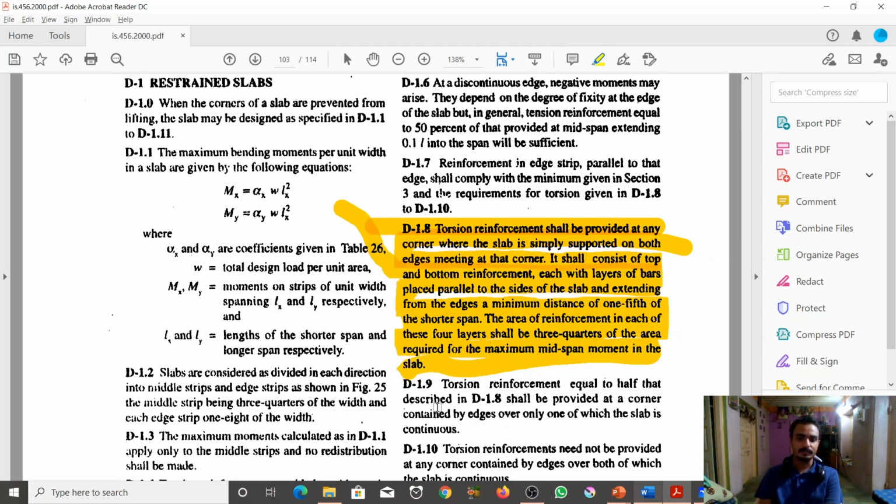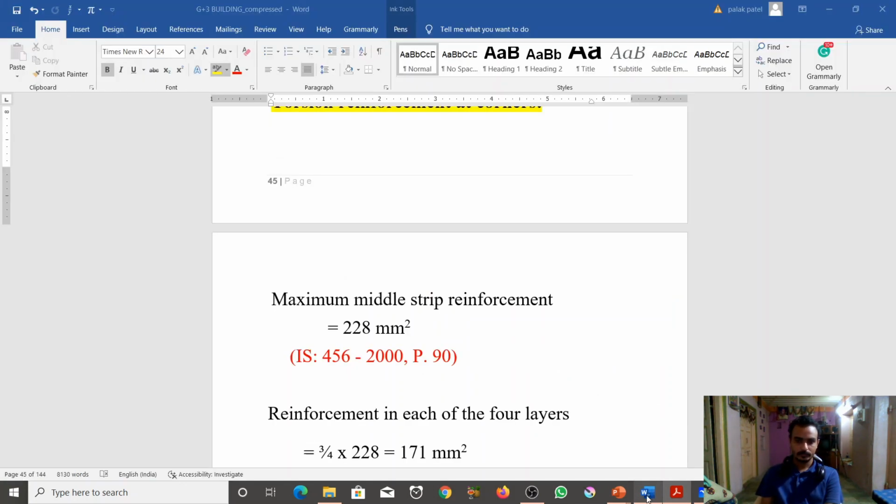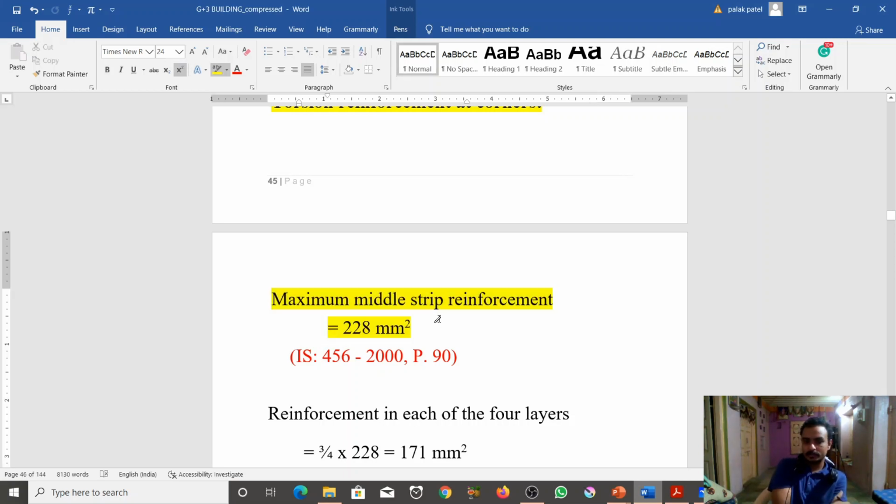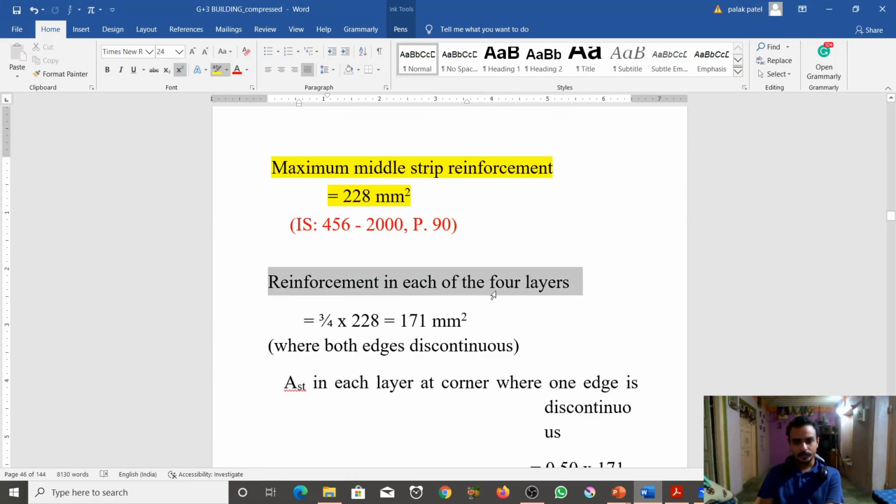In the mid-span we want 228 mm² of steel. So by this condition, the reinforcement in each of the four layers is 3 by 4 into 228, so 171 mm². A 171 mm² reinforcement area is required.